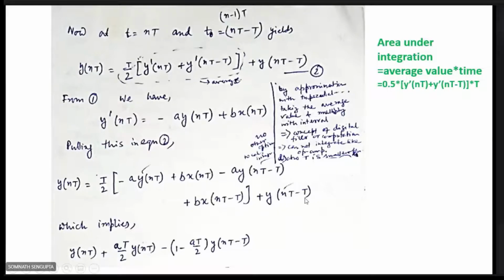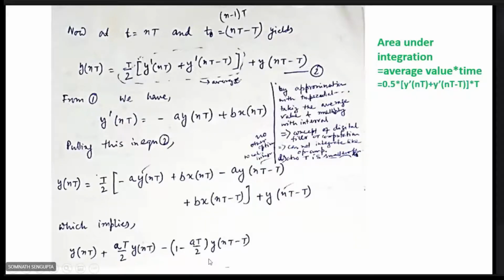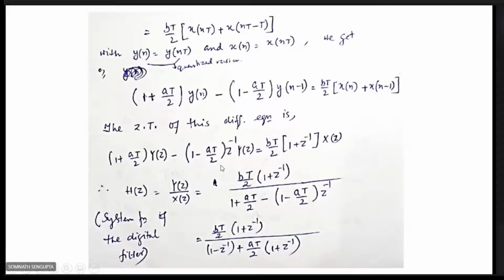So we get this one, which implies y nT is equal to minus aT by 2 y nT plus aT by 2 y nT minus T, and we take the output parameters on the left hand side and the input parameters on the right hand side, bT by 2 into x nT plus x nT minus T.